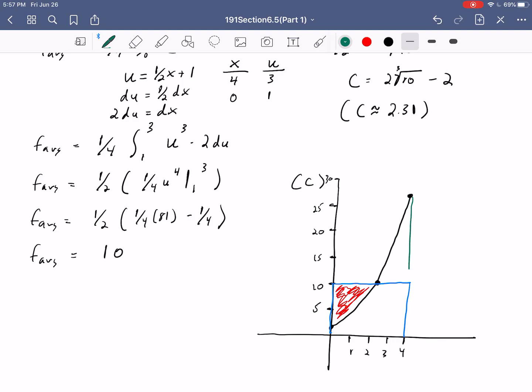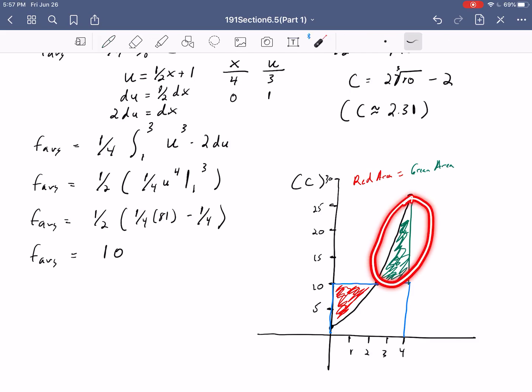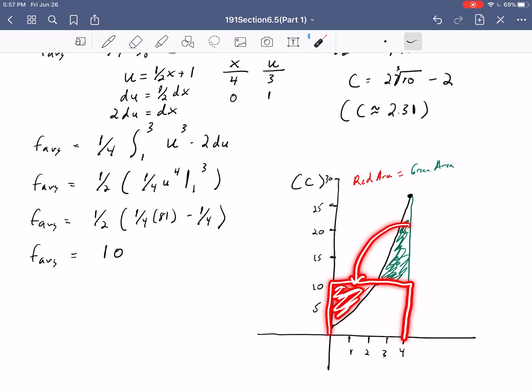So those two areas, the red area equals that green area. In other words, you could take this stuff here and smush it to fill in this exactly, and you could build a rectangle with the same base at the average value that has exactly the same area as the area originally under our curve.